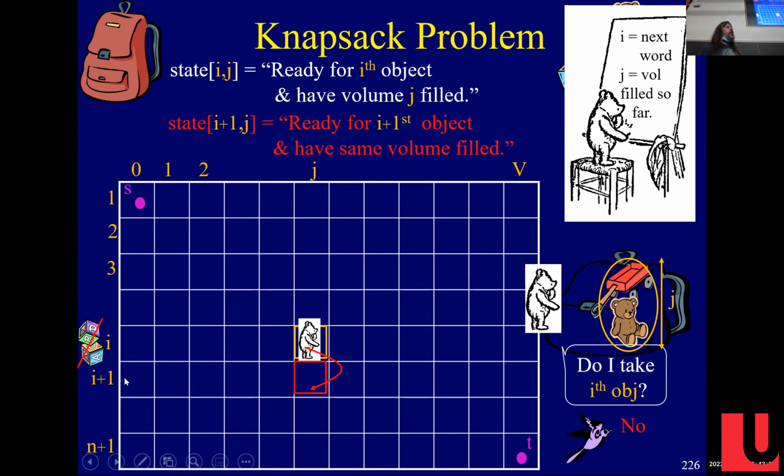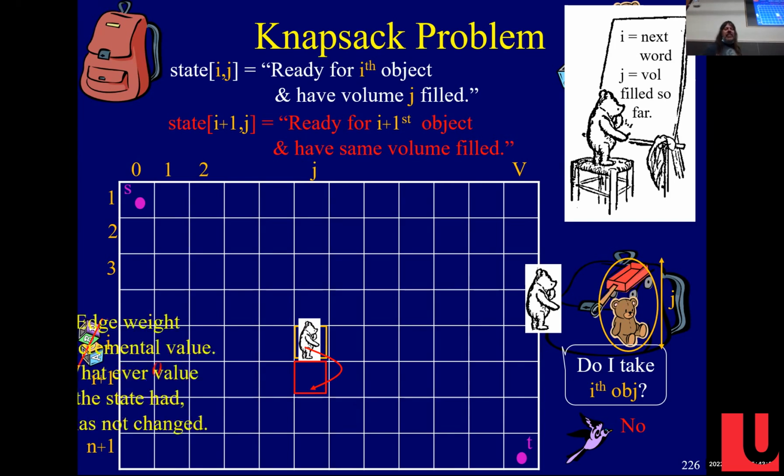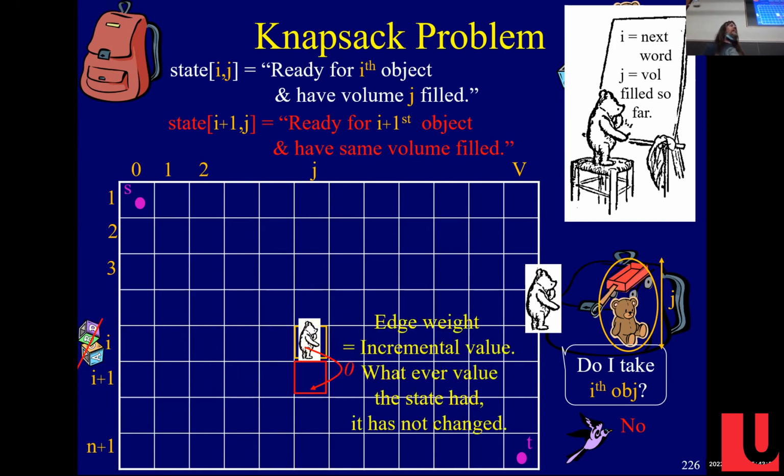We're onto the i plus first object, right? And what weight do we put there? It says 0. Good thing I thought it was a test question, but actually the answer's there. So it makes it an easy question, doesn't it? So why 0? Because we didn't get any new profit, right?